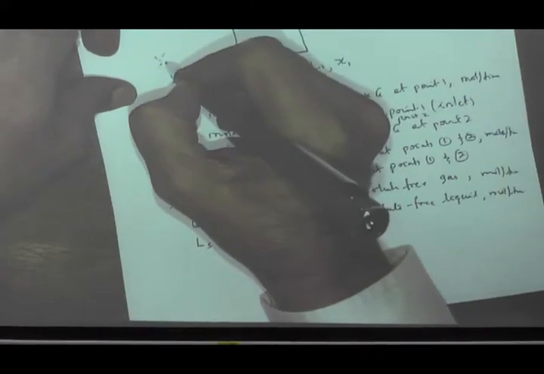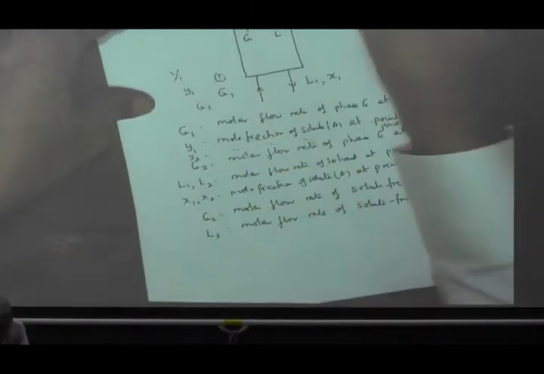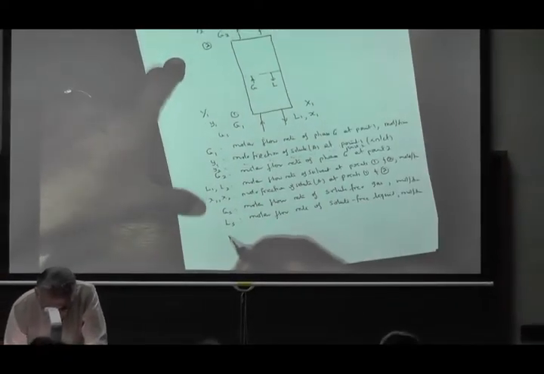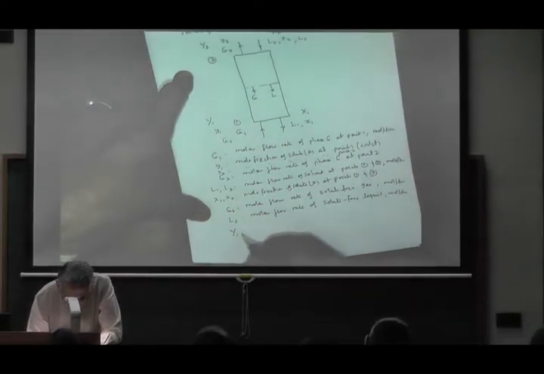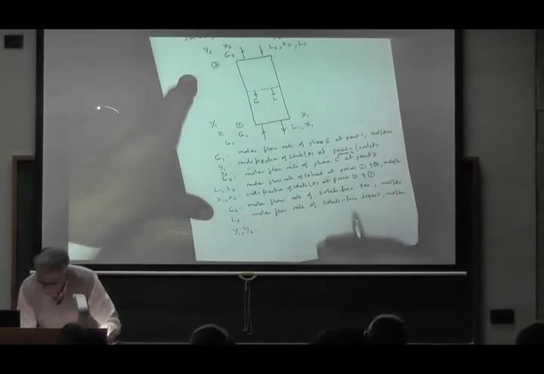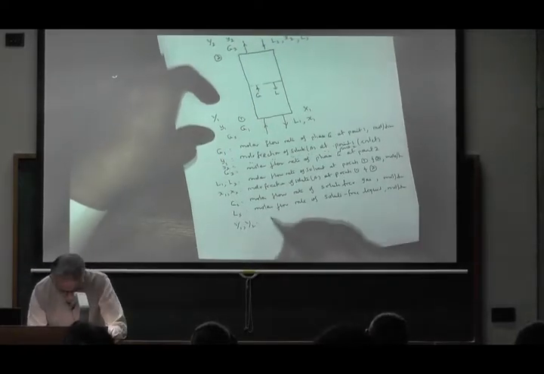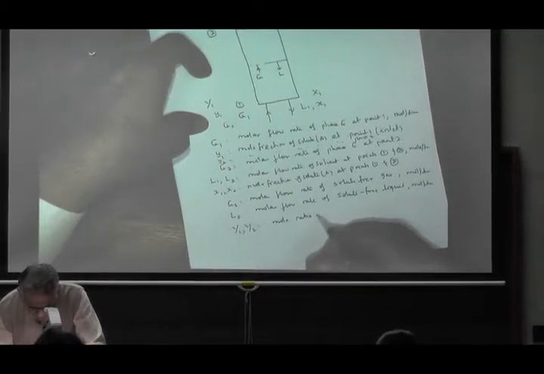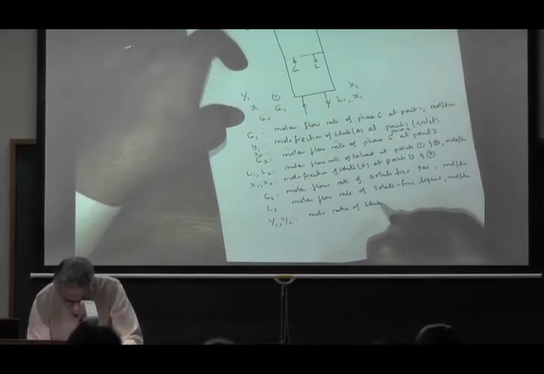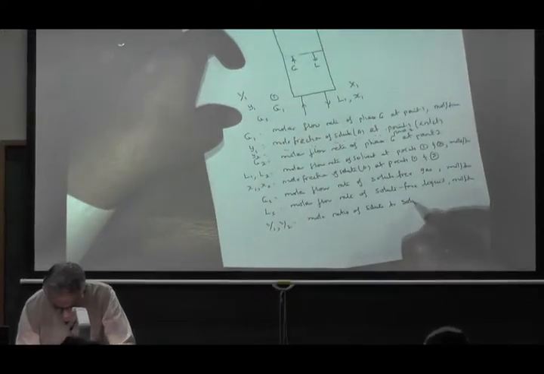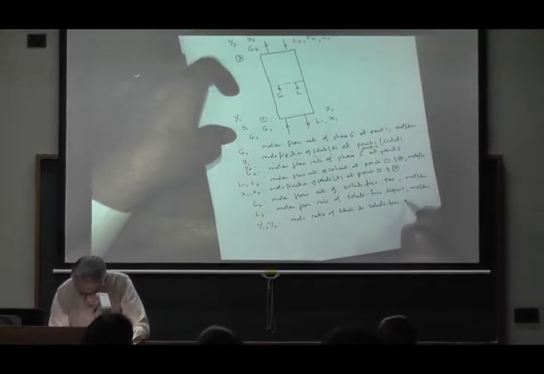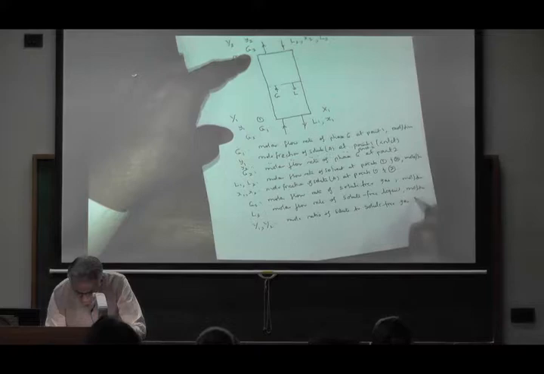Let's define another term: capital Y1, capital Y2, capital X2 and capital X1. Capital Y1 and Y2 are the mole ratio of solute to solute free gas, or the G phase.